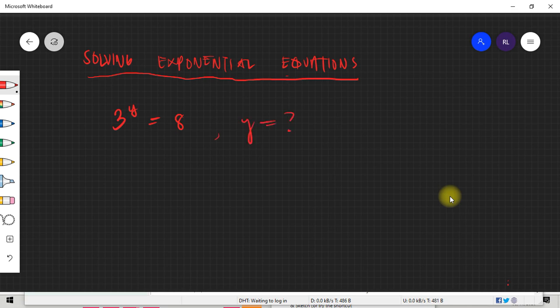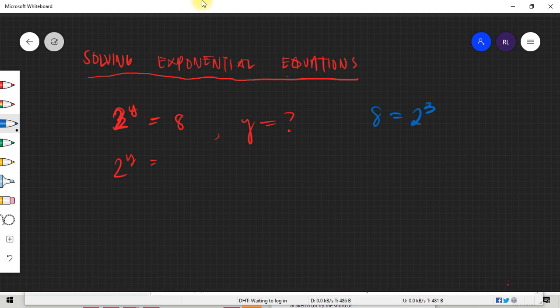Simply, what we're going to do is make it, let's say, 2 raised to y. Convert 8 into an exponential with base 2. If you're going to use your calculator, we can say that 8 is equal to 2 cubed.